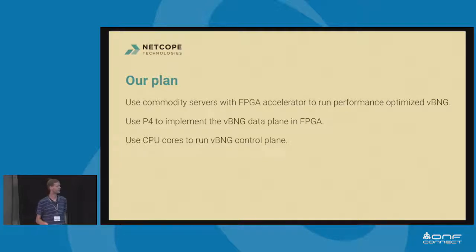Our plan is therefore to use a commodity server with an FPGA accelerator to run a performance optimized vBNG. To implement the data plane in FPGA, we want to use P4, and the CPU should be used just to run the control plane and, let's say, exception traffic, control traffic, not the data plane.